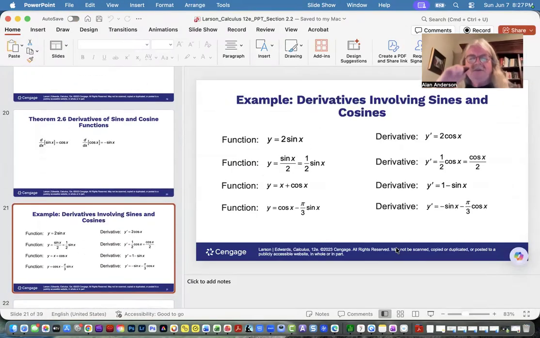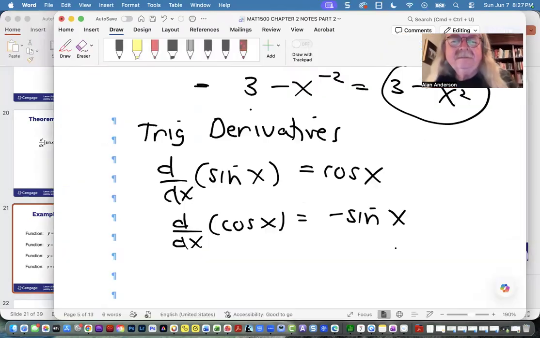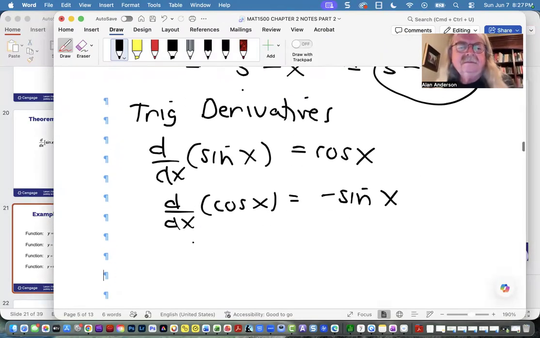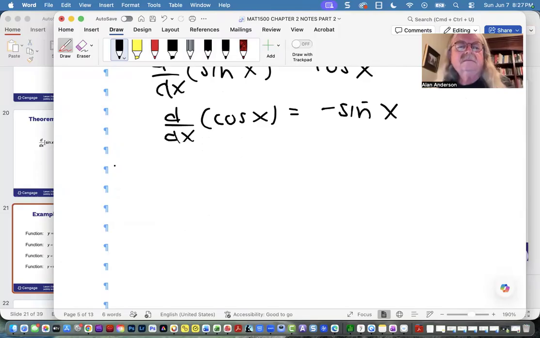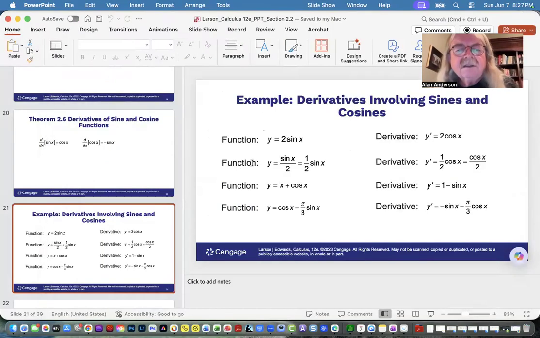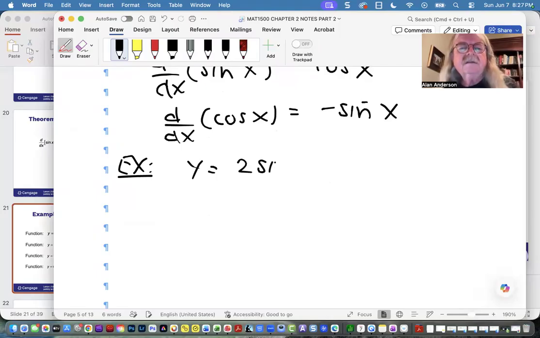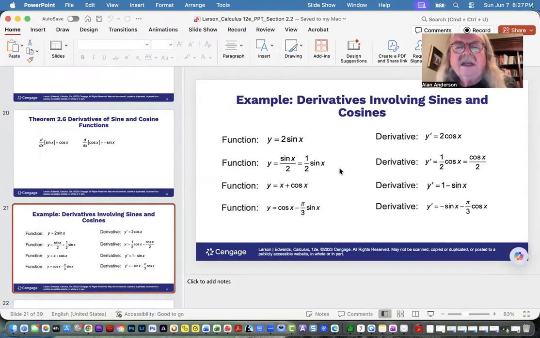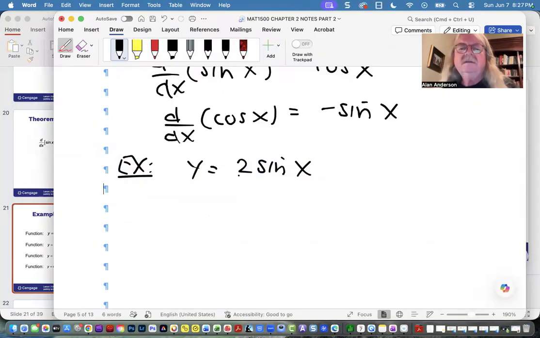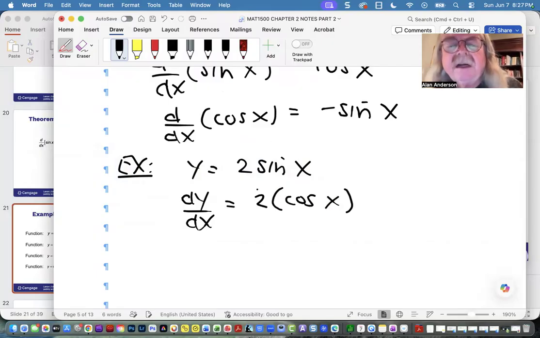Okay. So, 2 sine x. Well, the 2 is just a constant. So, in other words, you keep the constant on the outside.